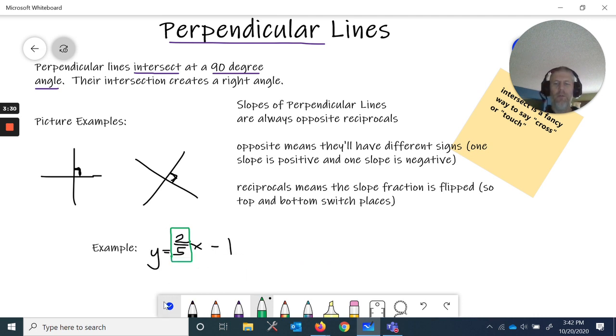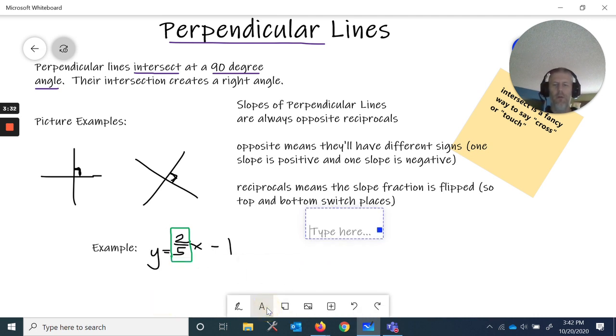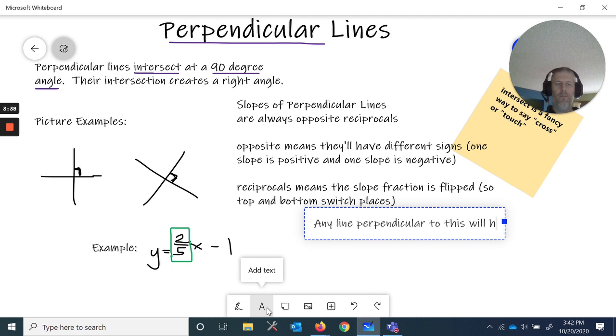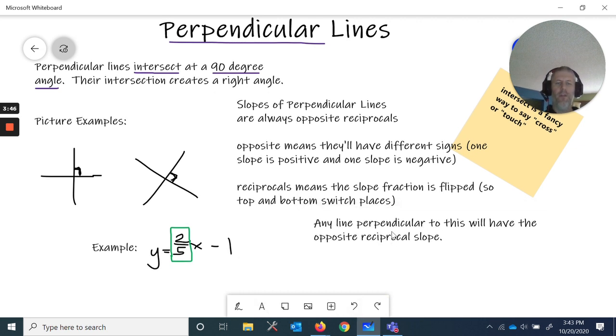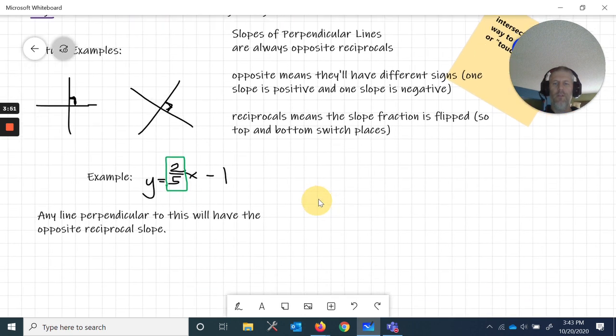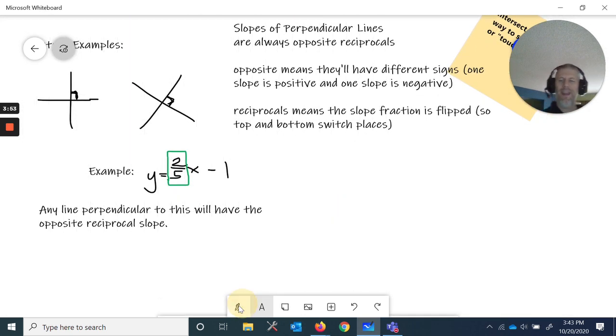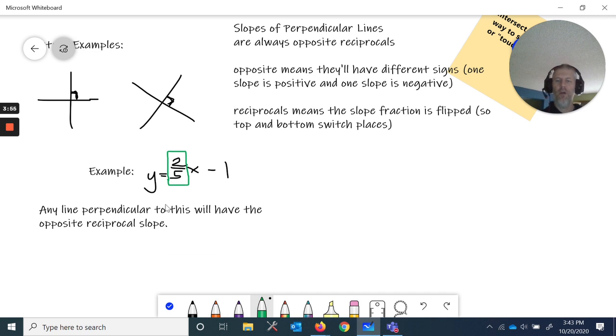And so any line perpendicular to that will have the opposite reciprocal slope. Okay, so let's slide up here and take a look. So any line perpendicular will have a slope of the opposite reciprocal of 2/5.